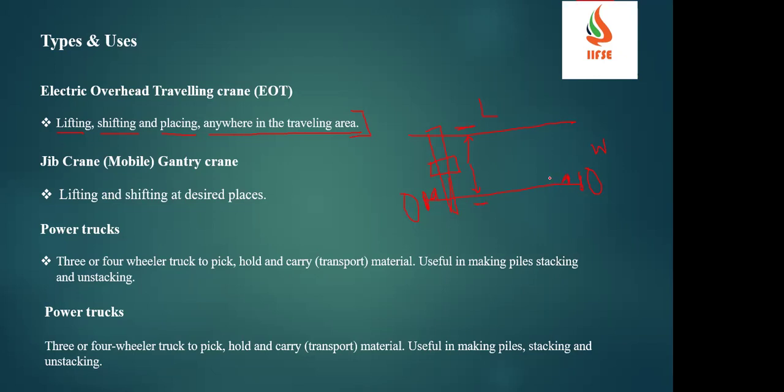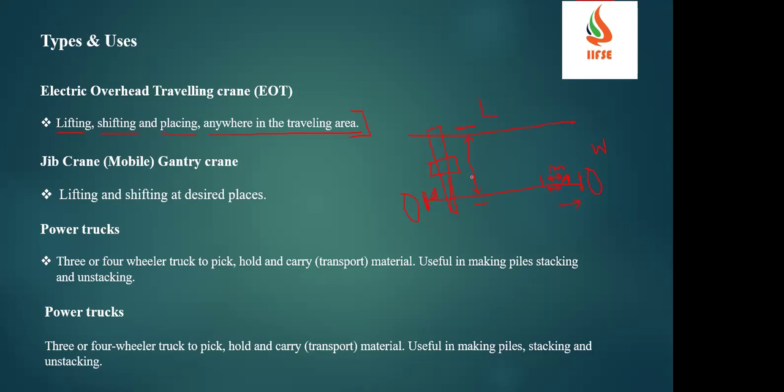And prior to this, at least a minimum of 1 meter distance, they used to have sensors to stop the supply to the crane, so that even if the operator keeps on pressing forward in this direction, it will not be able to move. Here itself, the sensor will get activated and it will stop.